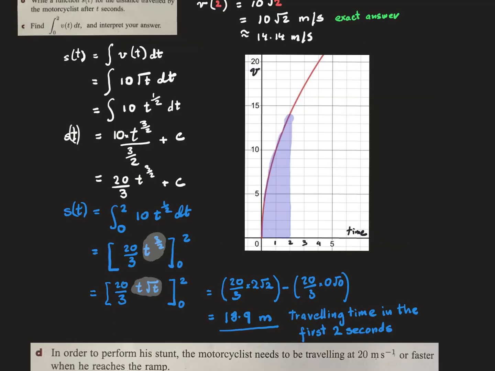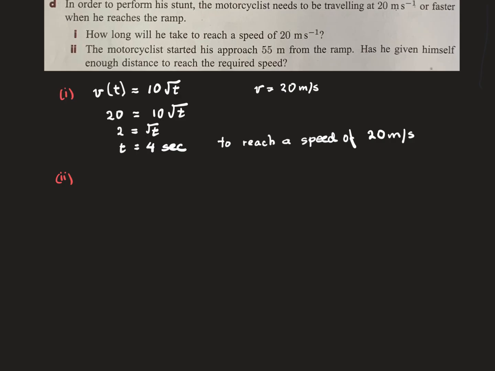So we're going to calculate this distance from 0 to 4 and find out whether in that time he has had enough time to cover a distance of 55 meters. So he needs to cover that distance in 4 seconds. So we'll need to integrate that in 4 seconds.